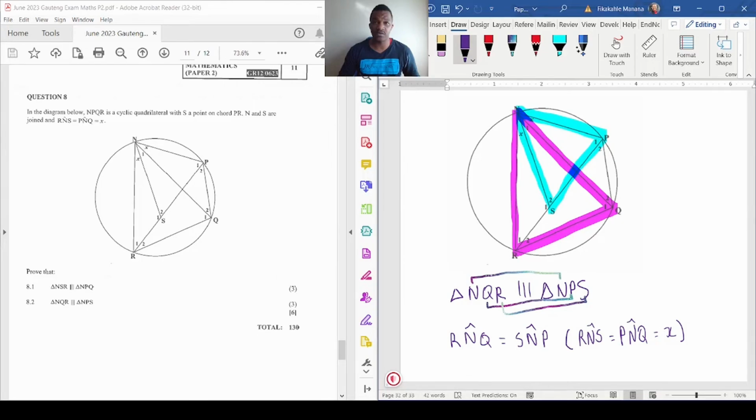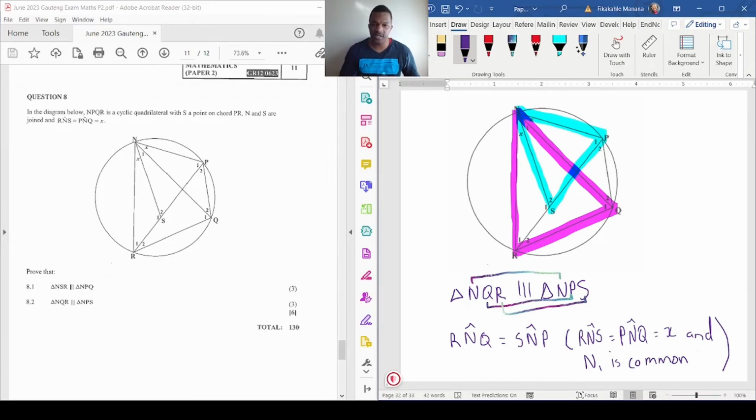We use what we have been given to prove what we are not given. Because of that common angle there, let's include it to make sure that we write everything in full. N1 is common.